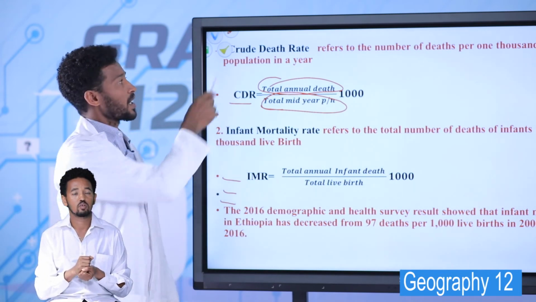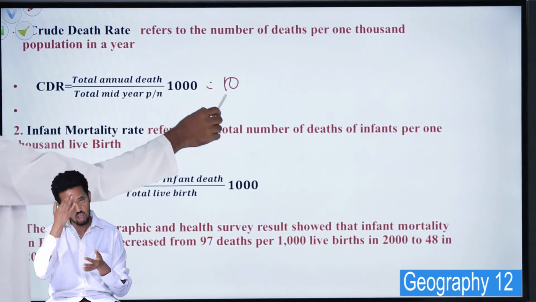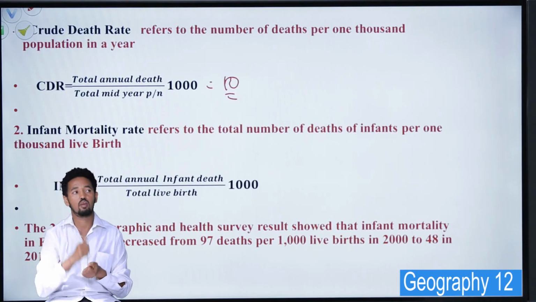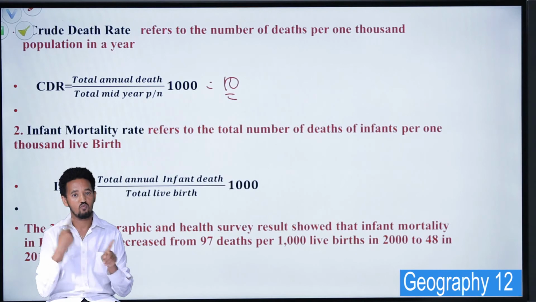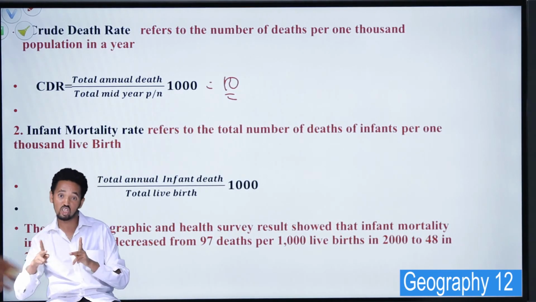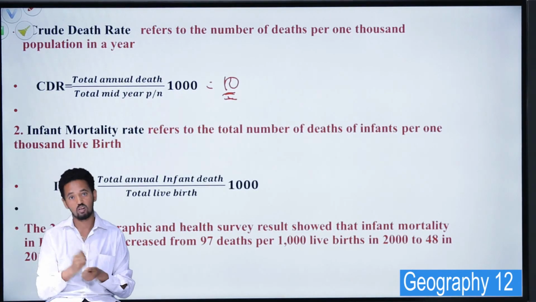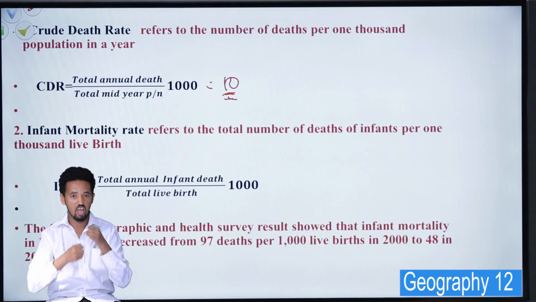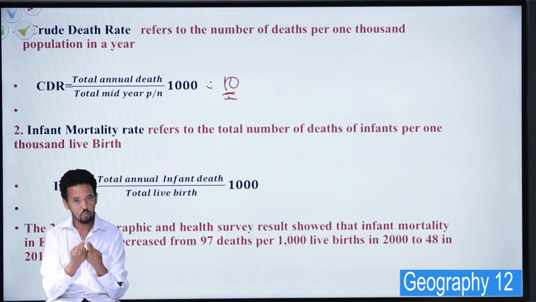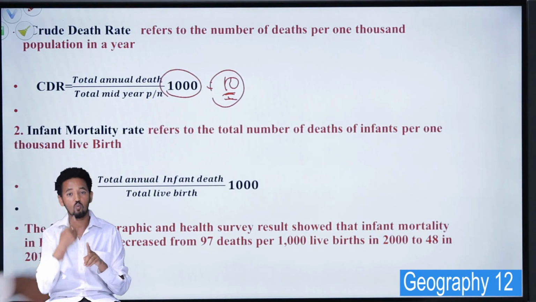If you get 10 by using this formula, this means that from 1000 total population, 10 deaths occurred, without identifying their age groups or sex or other things. In general, 10 people died from 1000.